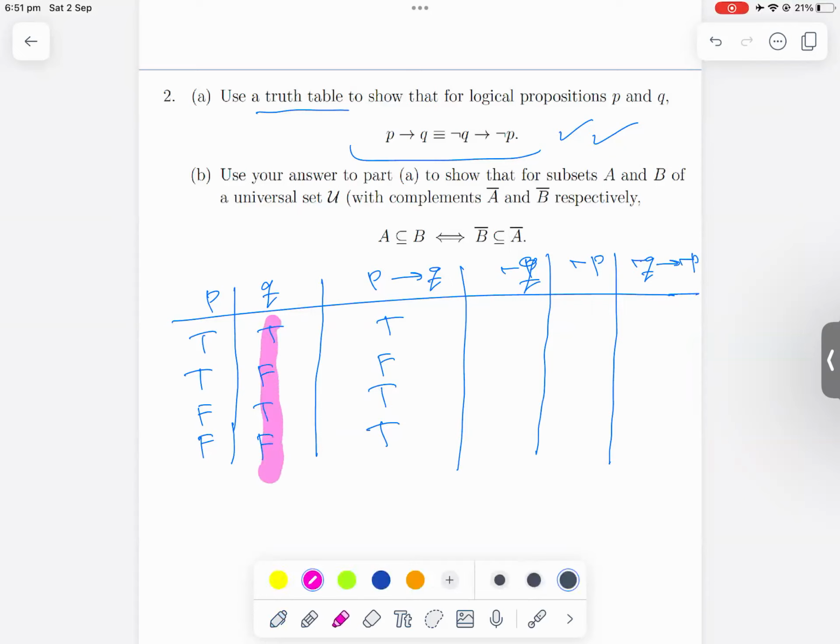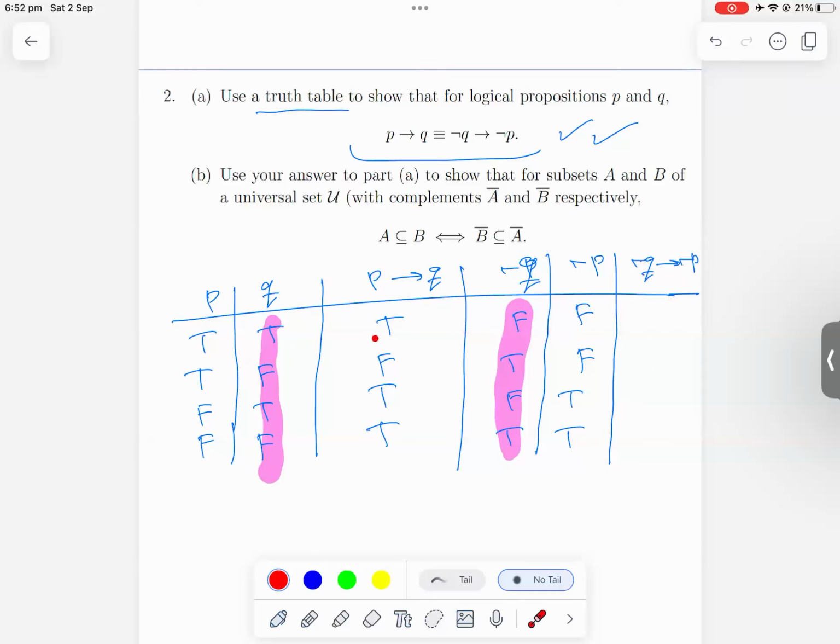So the opposite of Q comes to this part. So this should be F, T, F, T, and this the opposite of P. So the negation of P, F, F, T, T. So this one is this guy here.